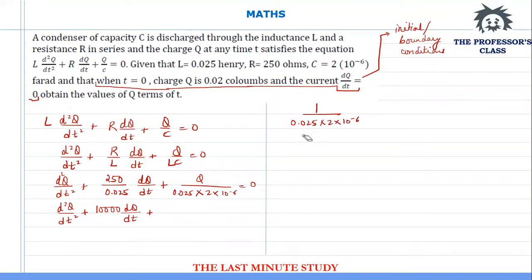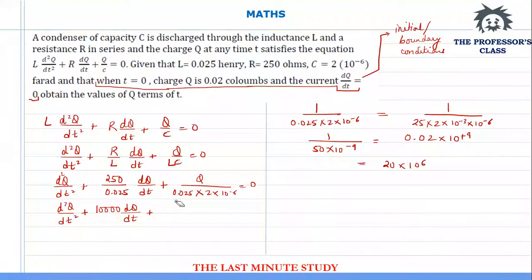Now there are three decimal places, so I'll have 25 into 2 into 10 raised to minus 3 into 10 raised to minus 6. 25 into 2 will become 50, and I'll have 10 raised to minus 9 over here, which becomes 0.02 into 10 raised to power plus 9, or in simpler terms, 20 into 10 raised to power 6. So I'll write down the value over here, 20 into 10 raised to 6, q equals 0. And this is just for the calculation, so I'll erase it.